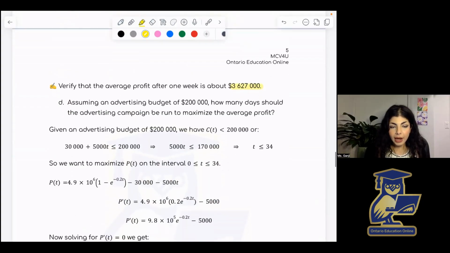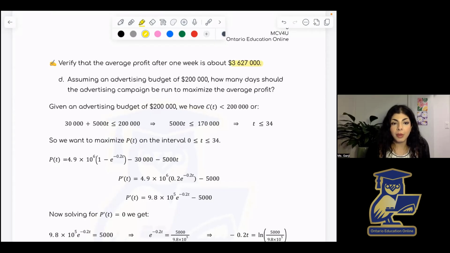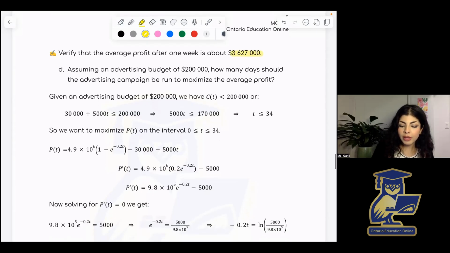And now we have that if the advertising budget is $200,000, how many days should the advertising campaign be run to maximize the average profit? So now we have to do an analysis for feasible values. Given this advertising budget, we have that C of T has to be less than or equal to $200,000.